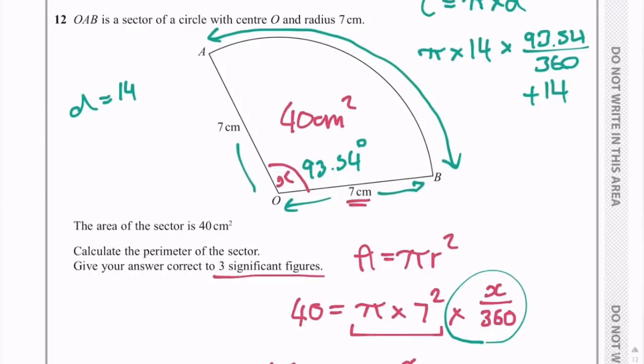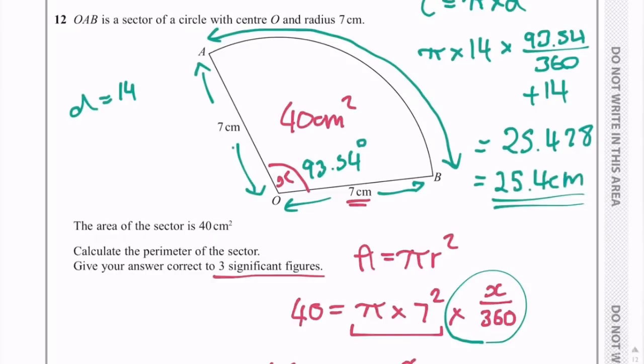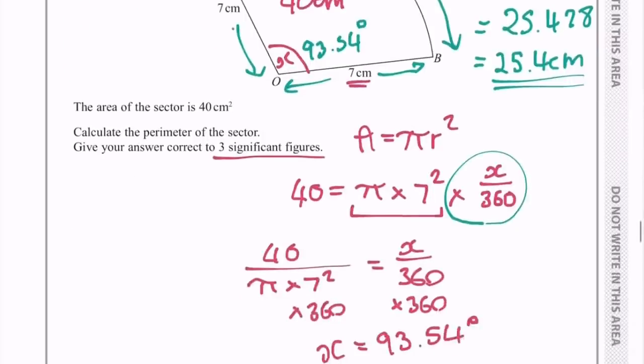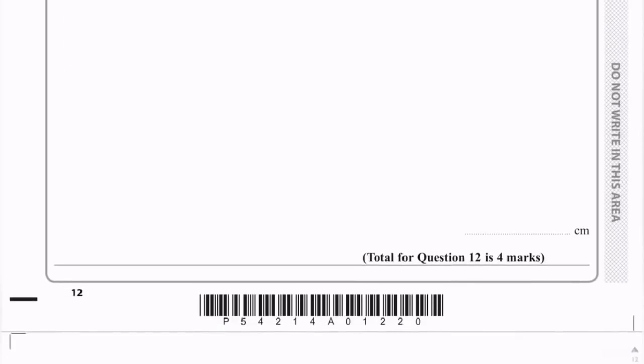We've got the 7 here and the 7 here for the full perimeter round. And that gives us a total length of 25.428. Just remember, it did say 3 significant figures, so rounding that we get 25.4 centimetres. There we go, and there's our final answer, 25.4. Been a little bit all over the place, that question, so putting that down here, 25.4 as our final answer.